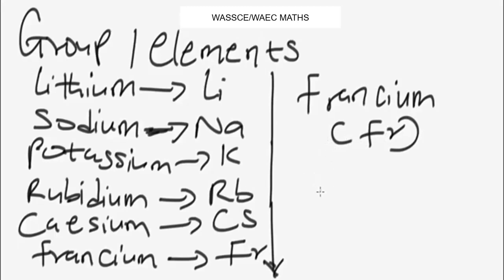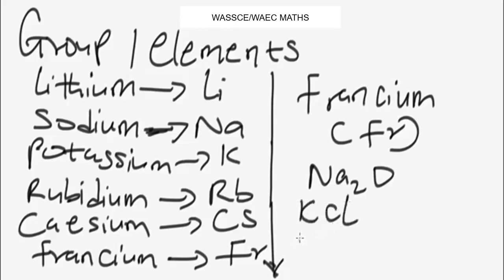Again, as we all know, group 1 elements are called alkali metals. They form ionic compounds with non-metals. For instance, when sodium reacts with oxygen, you have sodium oxide. When potassium reacts with chlorine, you have potassium chloride.